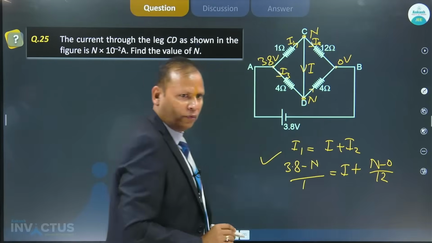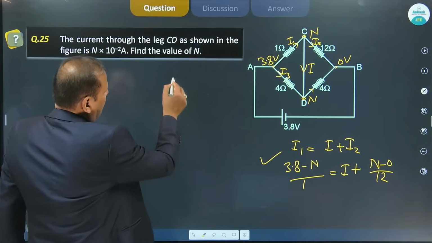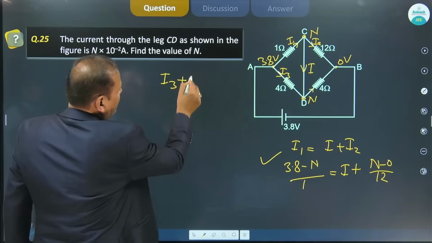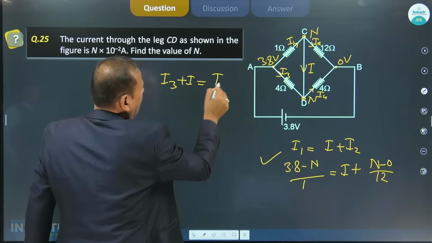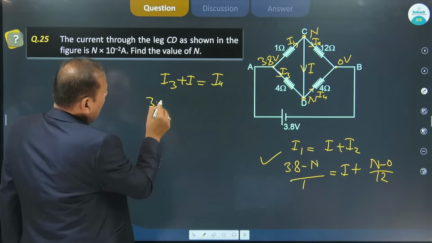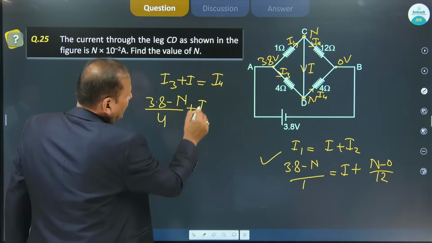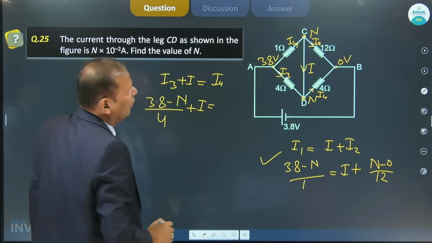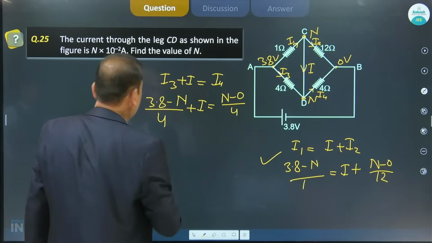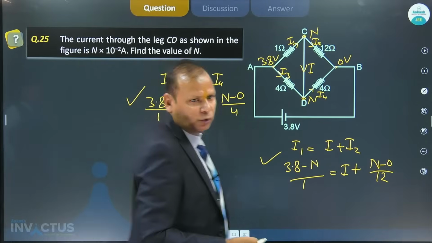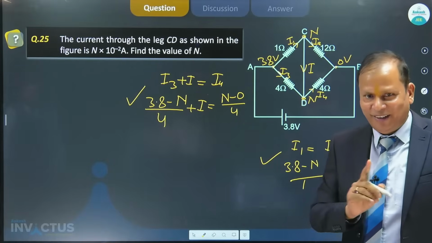This is one equation, and at this node we will apply I3 plus I is equal to I4, that is (3.8 minus n) by 4 plus I is equal to I4, which will be (n minus 0) divided by 4. Just solve the two equations. You will get the value of I as well as the value of n.